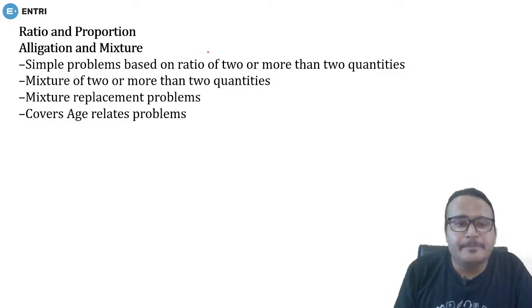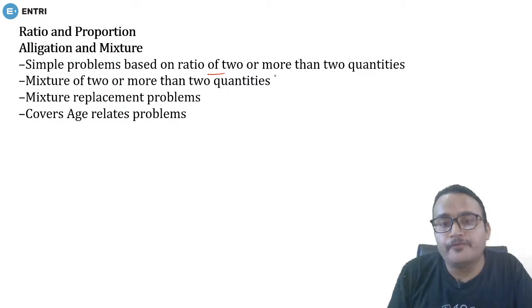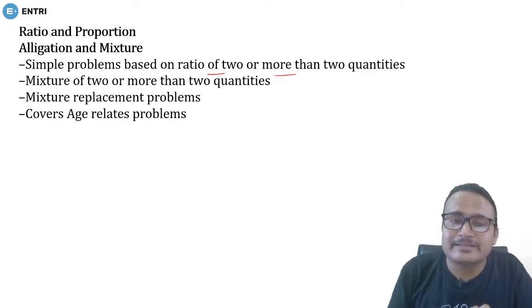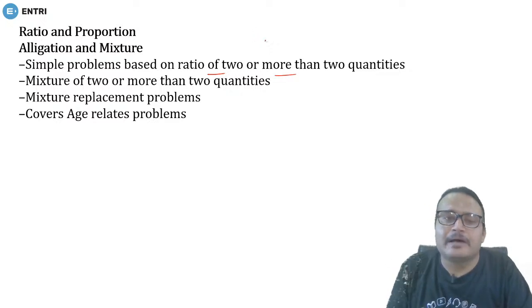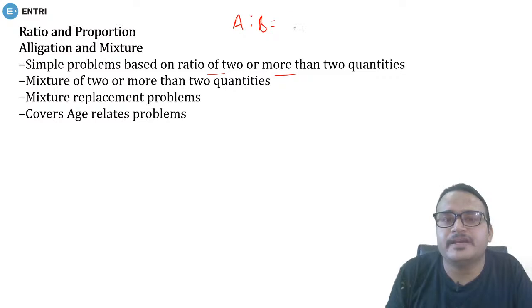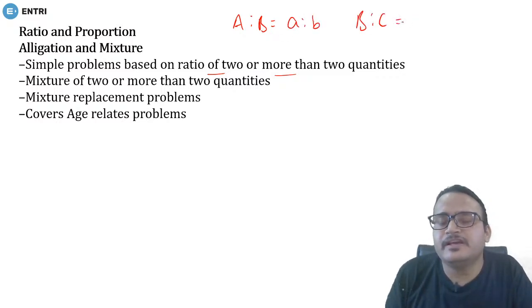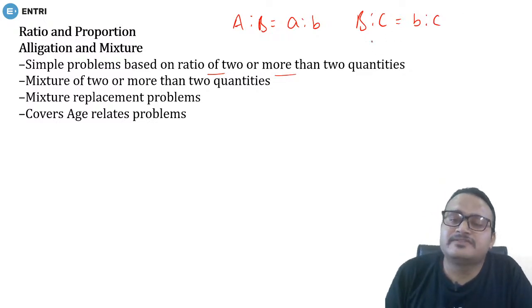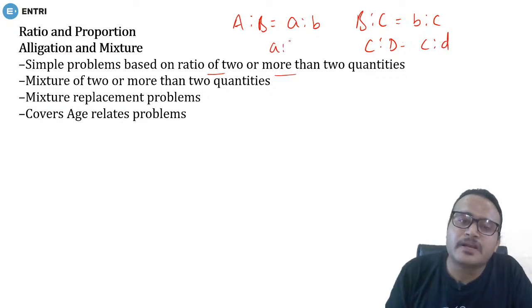So guys, simple problems based on the ratio of 2 or more than 2 quantities. Like if we talk about IBPS clerk or RRB clerk level examination, then you can have a question like this: if A ratio B is this, and B ratio C is this, and C ratio D is this, then what will be the ratio A to B to C to D?